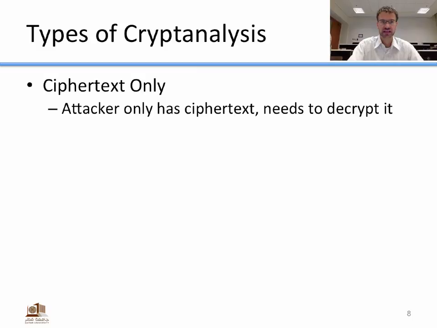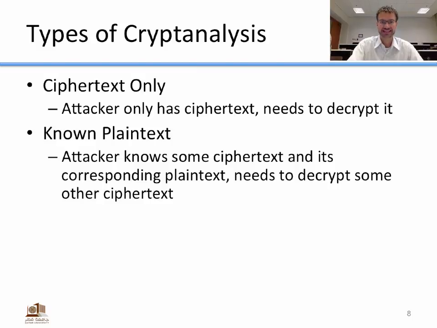Now, a more powerful type of attack would be a known plaintext attack. This is where an attacker knows some ciphertext and its corresponding plaintext and wants to decrypt some other piece of ciphertext. So the attacker has some plaintext-ciphertext pairs and some additional ciphertext that he wants to be able to decrypt.